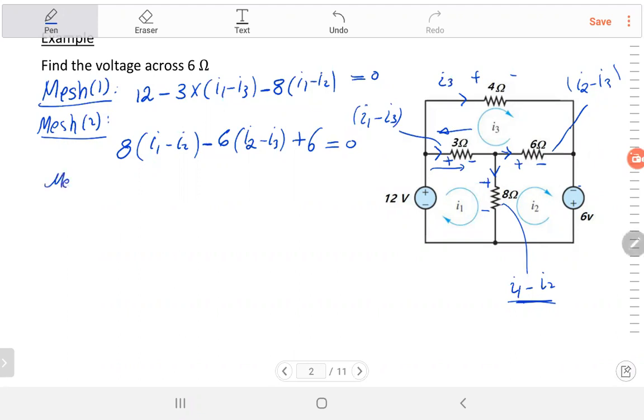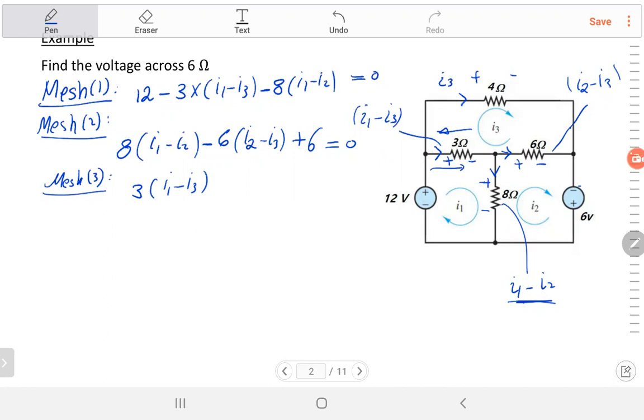So that's mesh 3. Choose any voltage as a reference. I will choose the voltage across 3 ohm. I'll write 3 times the current in 3 ohm, which is equal to I1 minus I3. Then I start moving in the clockwise direction.